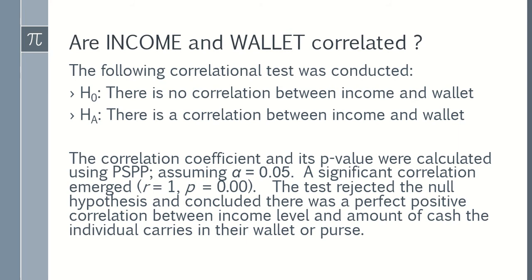The p-value is lower than 0.05, so we reject the null, and we conclude that there's a perfect correlation between the two variables. Because the correlation is equal to 1, like I said before, this is a perfect positive correlation.